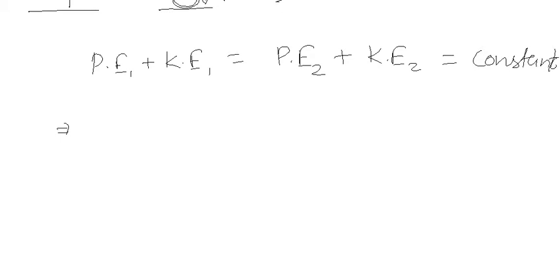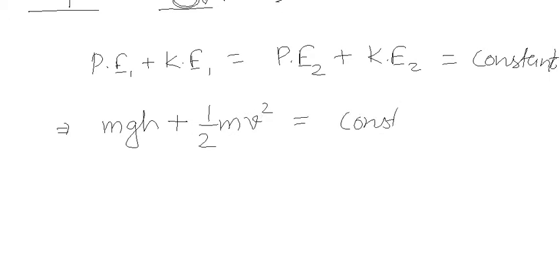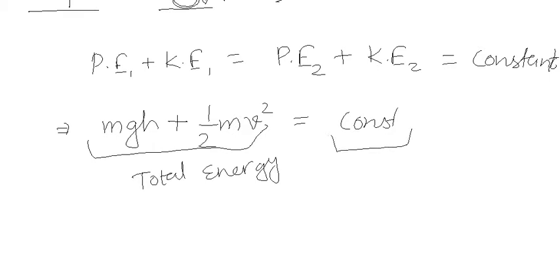And we can also write mgh plus half mv square is constant. Here these two terms are also referred to as total energy, so it will always be constant.